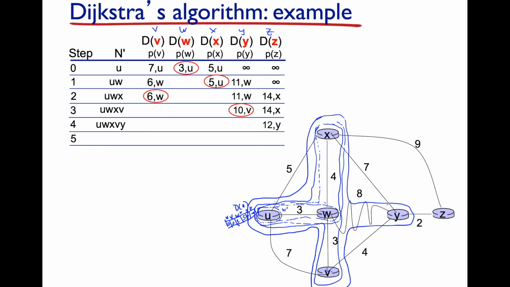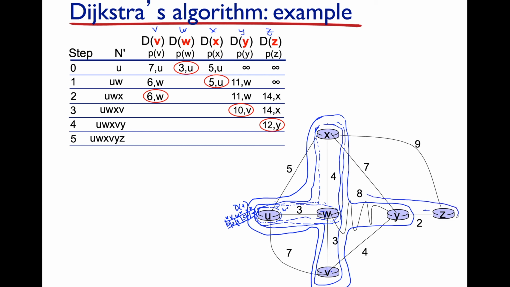And now the predecessor along the path to U from Z, instead of being X along the top here at a cost of 14, is now through Y at a cost of 12. And so we'd go from U to W to V to Y to Z. So now we select the closest node, that's Z, and when we select Z, once again, we're growing the blob.